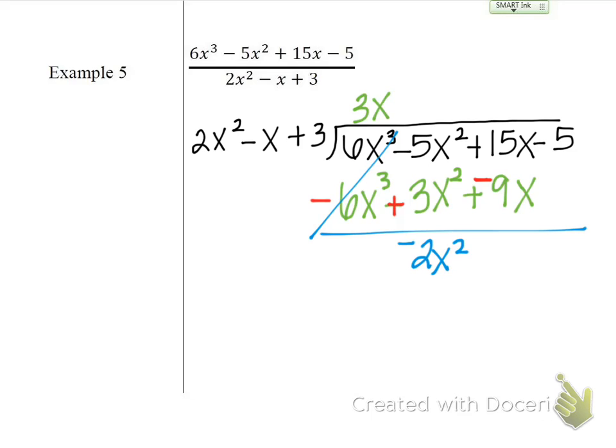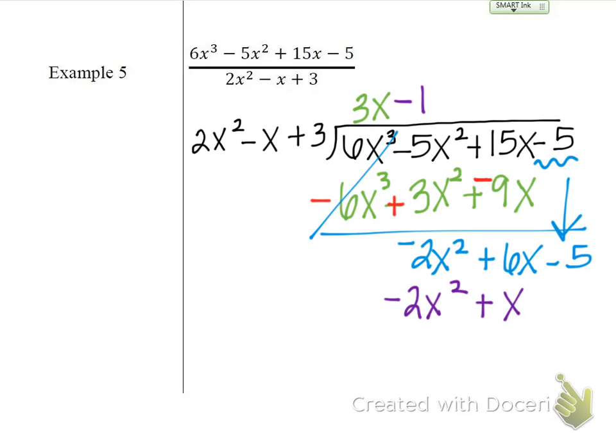Negative 2x squared plus 6x minus 5, right? Okay, and then we're going to do it one more time. 2x squared times what gives me negative 2x squared? Negative 1. So that's going to give me negative 2x squared plus x minus 3.